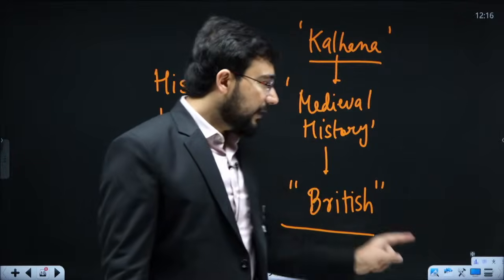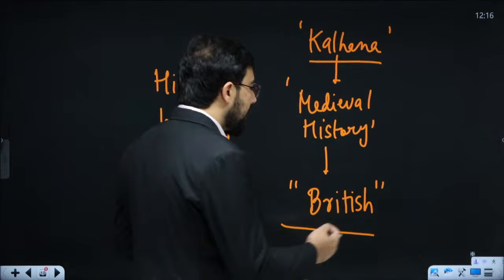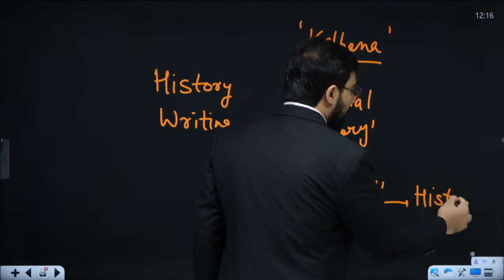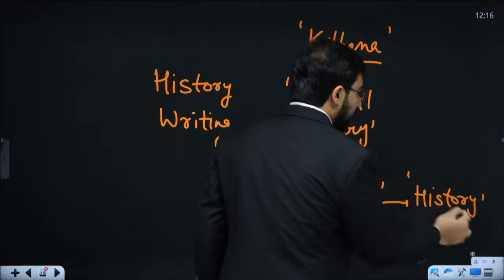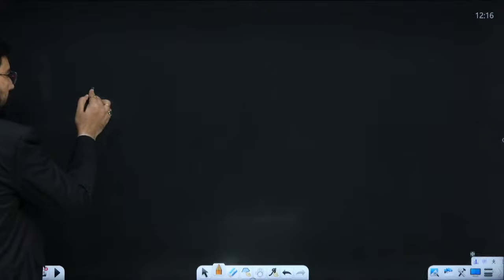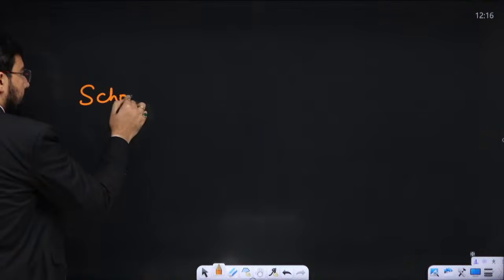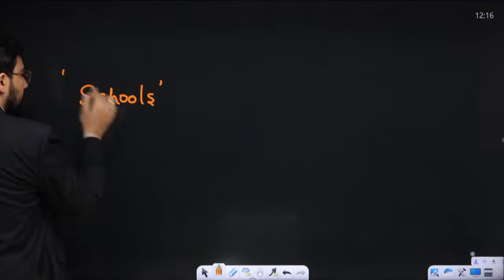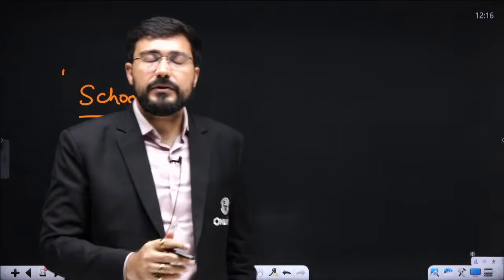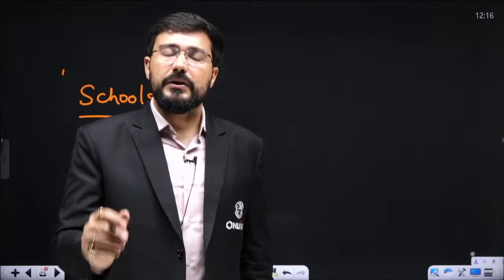That's why they started writing Indian history. So Indian history has become systematic because of British efforts. That's why over a period of time, multiple schools have emerged which are responsible for writing Indian history.